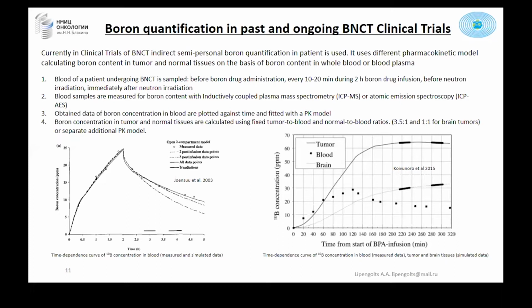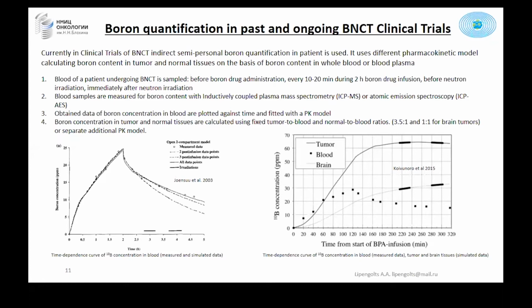And that value was obtained in some clinical trials with sampling of normal tissues and tumor tissues on preliminary surgical removal. Of course, this is a very rough method, and the scientists were not satisfied with it. However, up to the beginning of the 21st century, that was the standard approach for boron quantification in tumor and normal tissue.